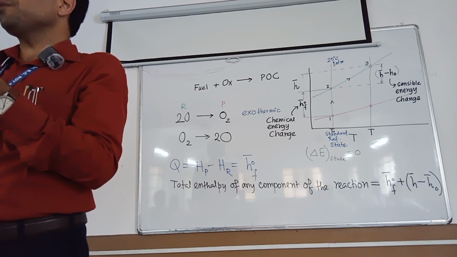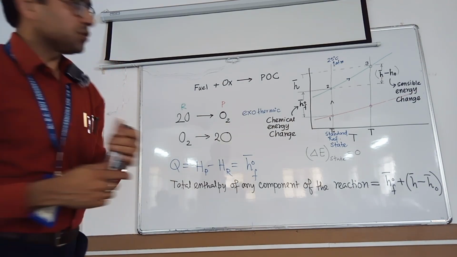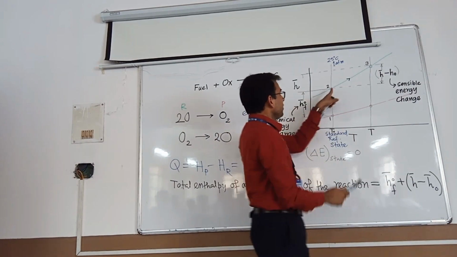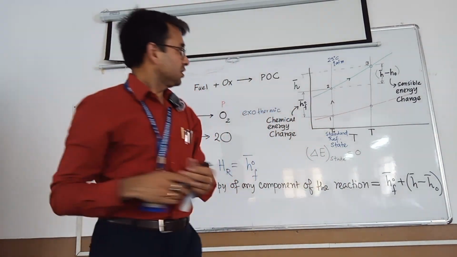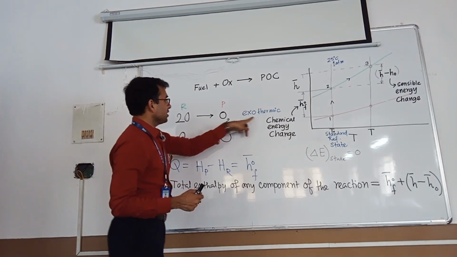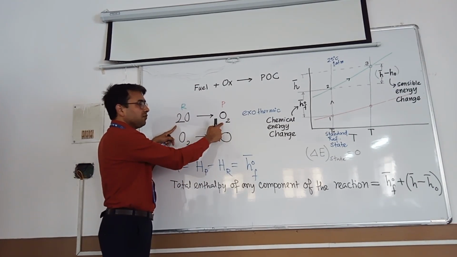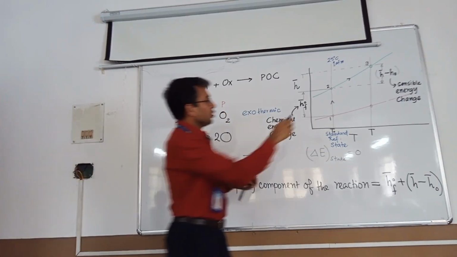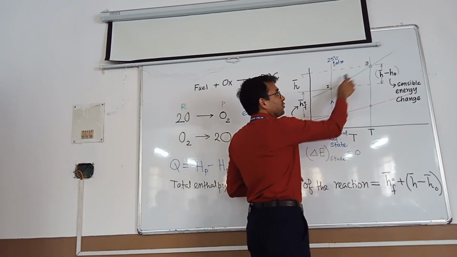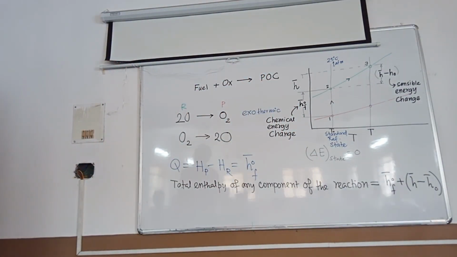So initially from reactants, product is formed, and then because of the thermal energy, the product is heated. So 1 to 2 is chemical change, and 2 to 3 is change of state. Clear?